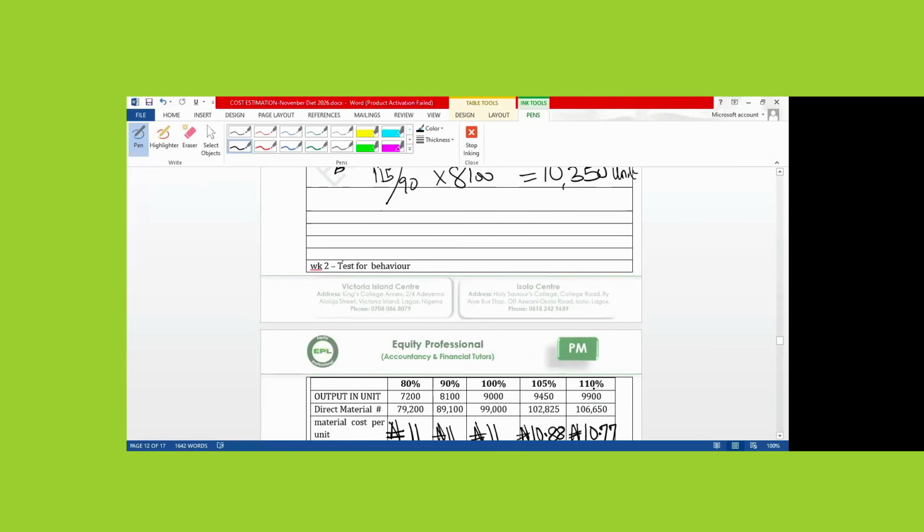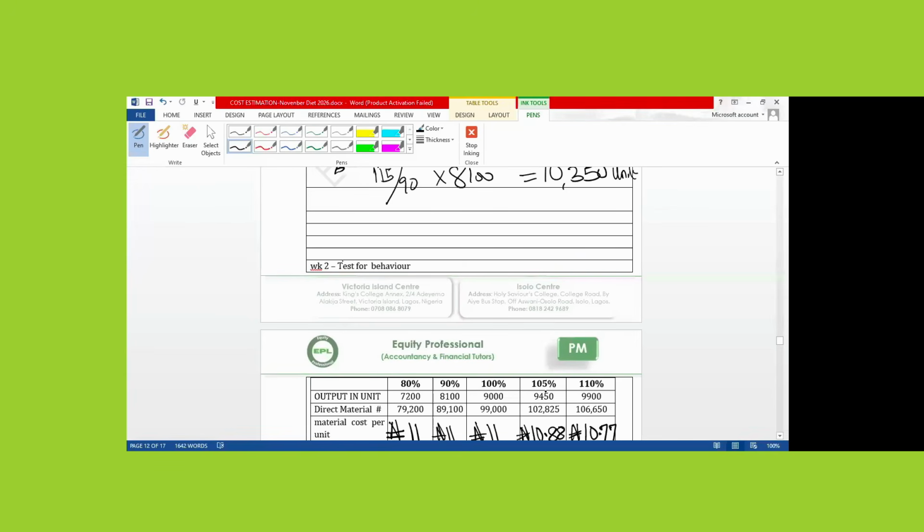The highest level is 110. Please note, not 80. 80 is not the lowest level now. The problem is after 100%. I'm going to pick highest 110, 9,900.